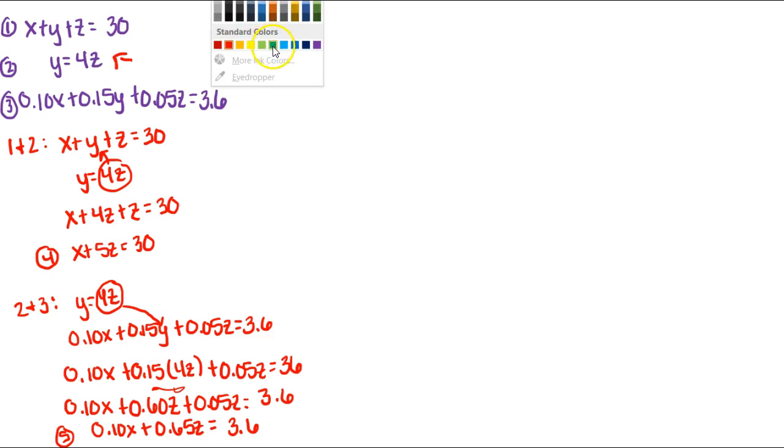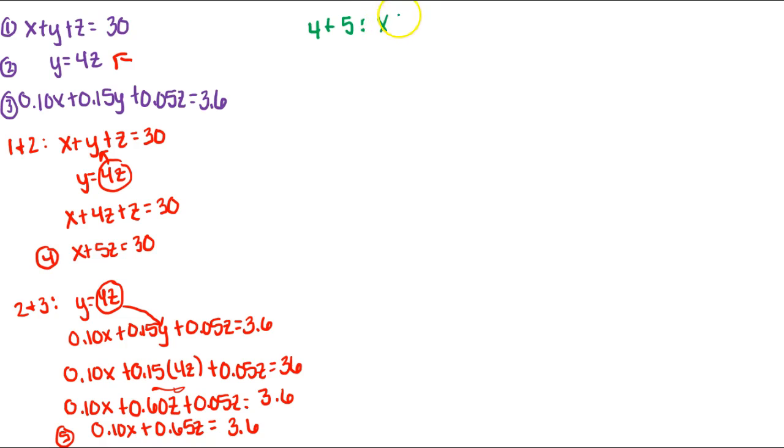Alright, now what I want to do is I want to take equations 4 and 5, and I want to try and either eliminate or substitute, because I need to get rid of either x or z. Equation 4, x plus 5z is equal to 30.